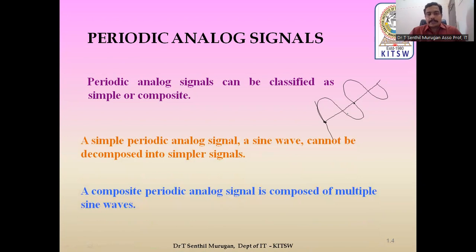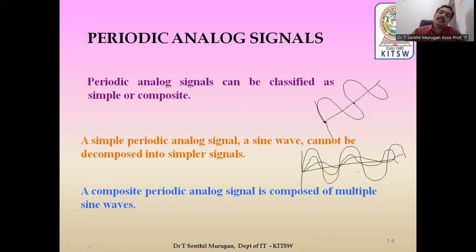What is a composite periodic analog signal? This signal may be composed of multiple sine waves. How can we say this? If this is the timeline, multiple waves may be composed in. This is one wave, another wave may be like this, and one more wave like this.